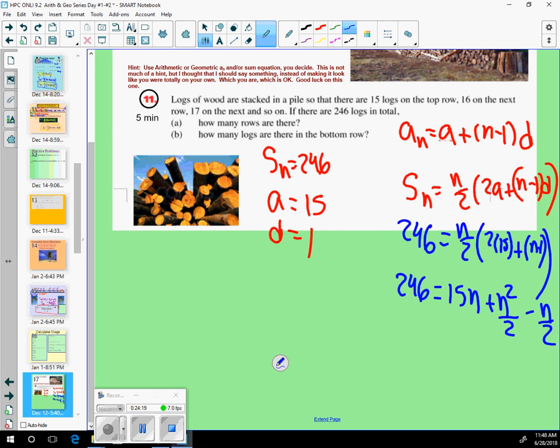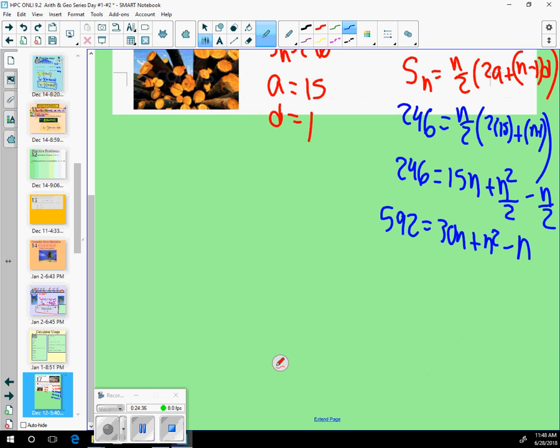So you might want to double everything. 592 equals 15n, 30n plus n squared minus n. So this is going to be n squared plus 29n minus 592. And so you're going to want to factor that.